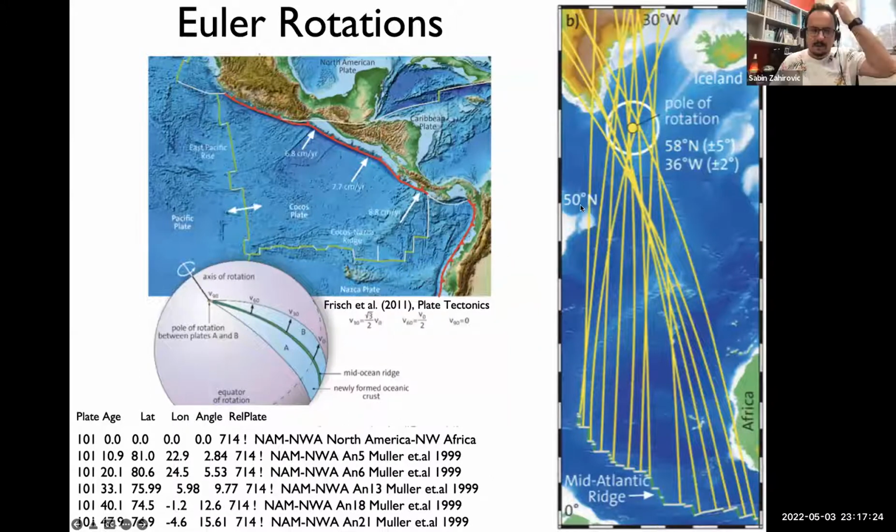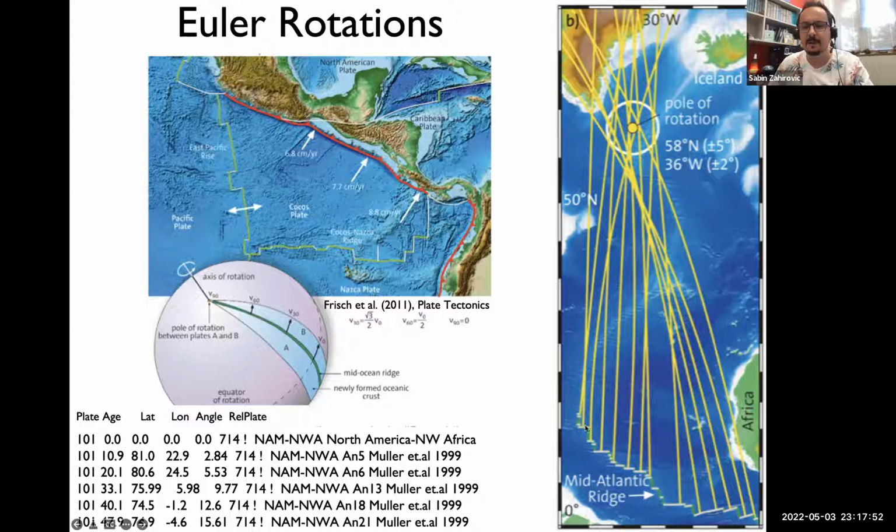So just to give people an idea of what these Euler rotations might look like. Geometrically speaking, you can draw great circles normal to the transforms at these spreading centers, and they roughly coincide somewhere, and that highlights essentially where the polar rotation of that plate is.